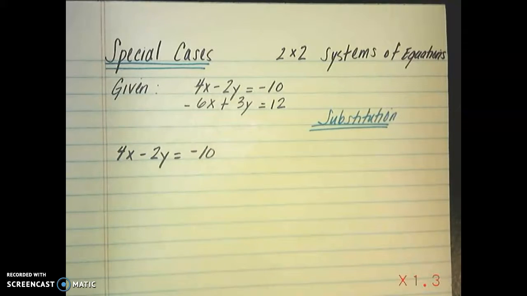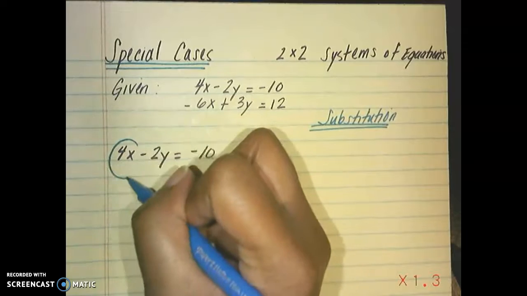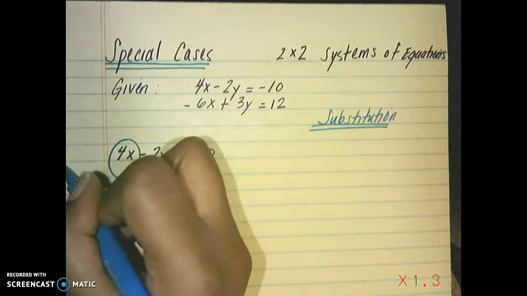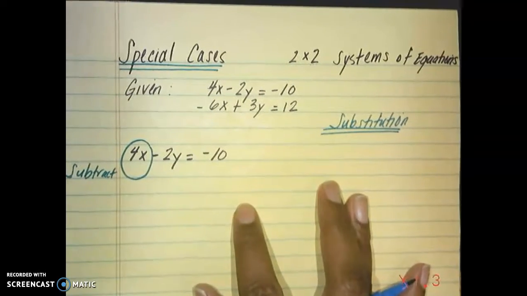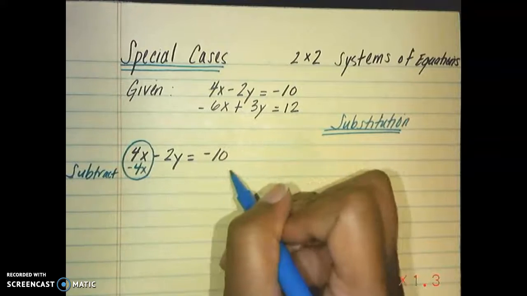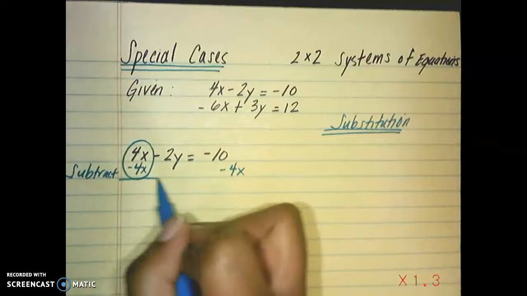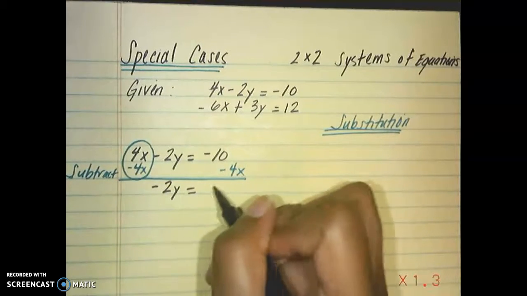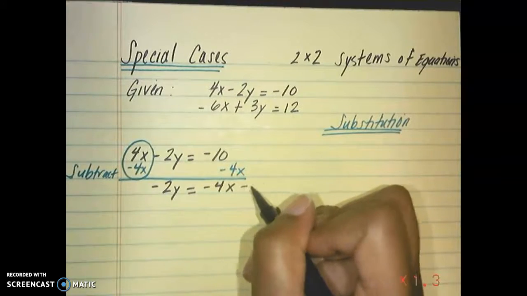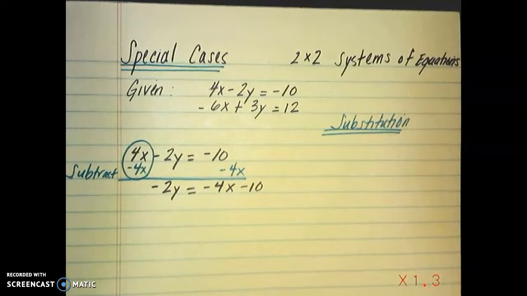And to solve for y, what I'm going to do is get rid of this 4x and make it become a 0. So to do so, I will subtract 4x on both sides, and I'm going to be left with negative 2y equals negative 4x minus 10. Sometimes you got to deal with negatives. Still solving for y. I need to make this number in front of y become a 1.